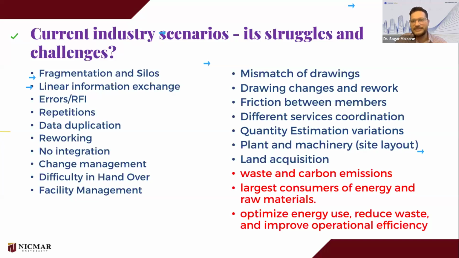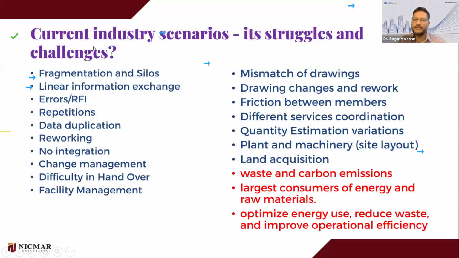At the same time, from a sustainability point of view, waste and carbon emission is something which is very important. So the construction industry also needs to take responsibility for reducing waste. They need to find ways how we can reduce waste, how we can have less carbon emissions through the process of construction. The construction industry is known as the largest consumer of energy and raw material.